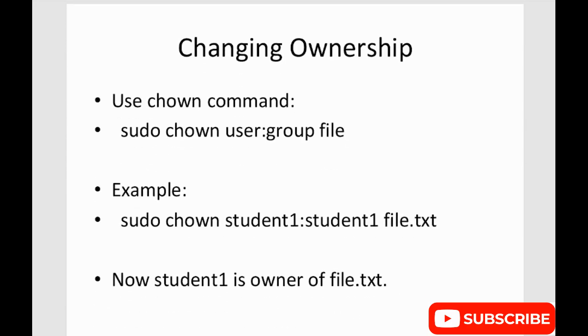Suppose you want to change ownership. Okay. So use the chown command. Means any group you want to change the ownership of the user, like the user has all the owner permissions like read, write, and execute, but you want to change the permissions of the owner. Okay.